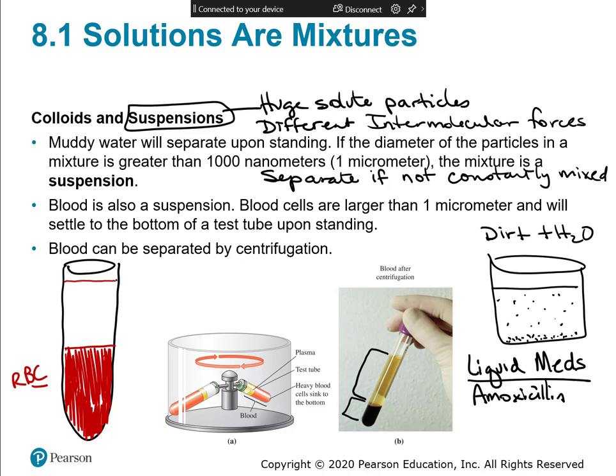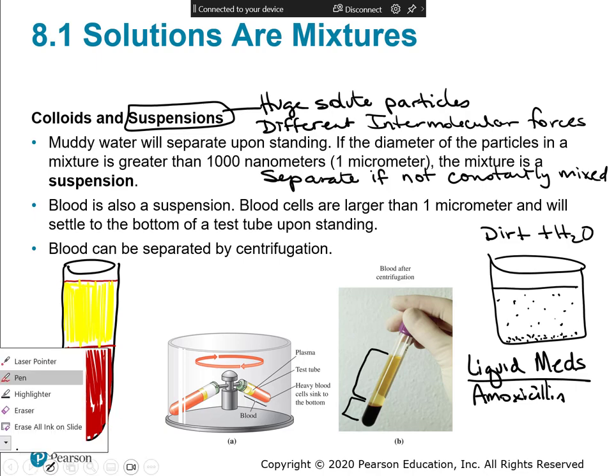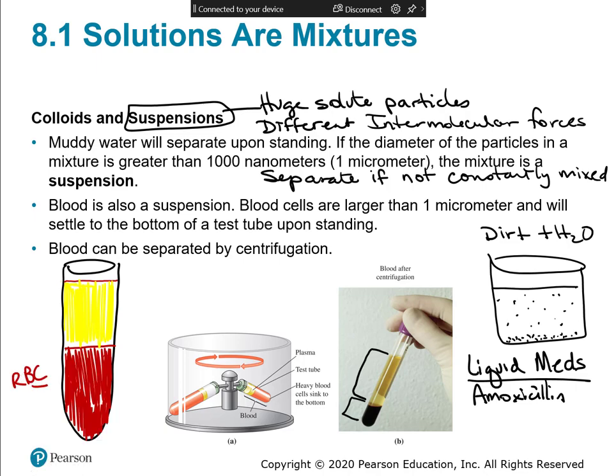But if you centrifuge, you can actually do what's called a hematocrit, where you're measuring the volume of red blood cells that separate out by centrifuging. But this top part up here, notice that it's kind of a yellowish orange. This is the fluid of the blood. This is called what? It's called plasma. So this is plasma.